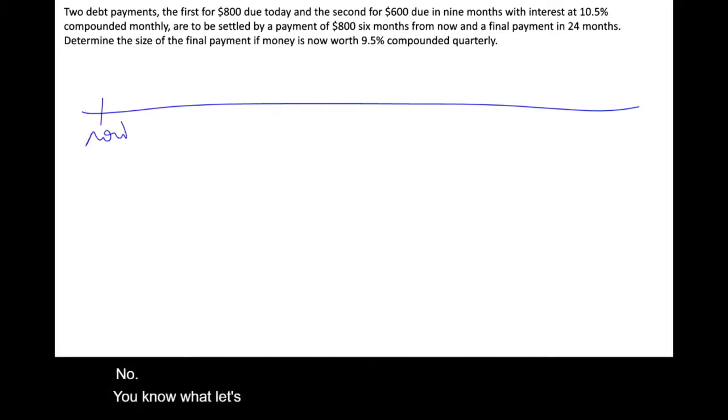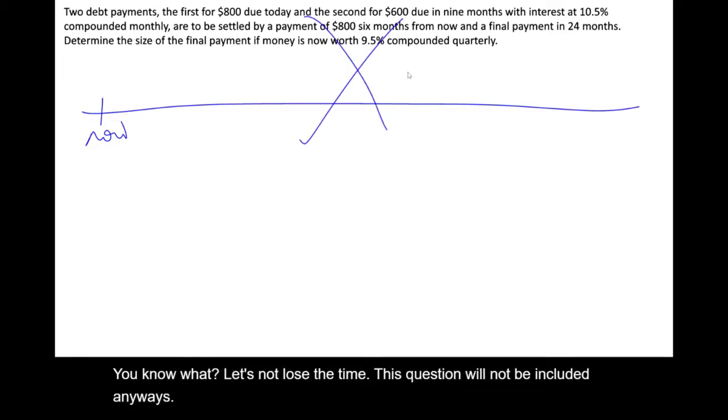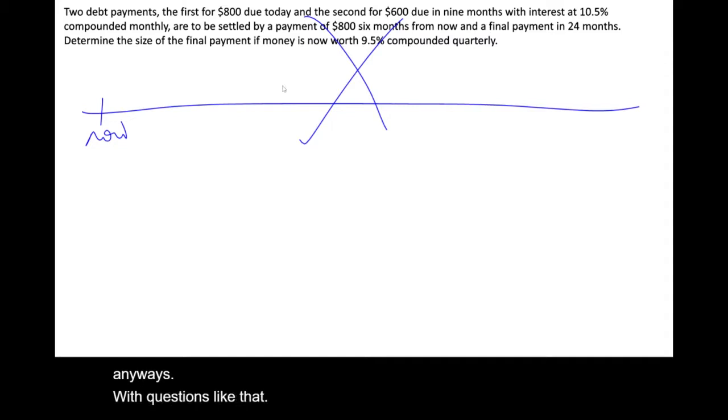Let's not lose the time. This question will not be included anyways. We did questions like that. Okay. So a debt settled by equal payments. What size of equal payment, compounded quarterly? Okay, let's do that.